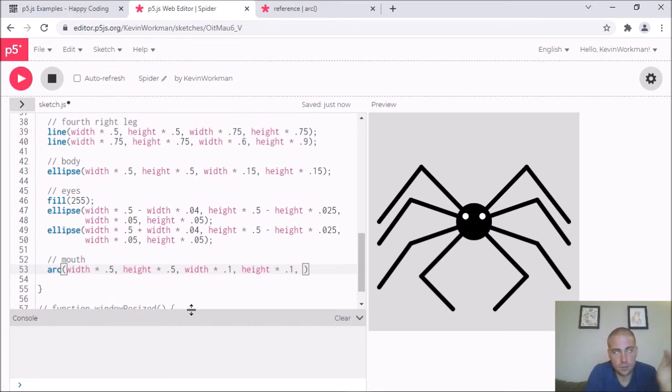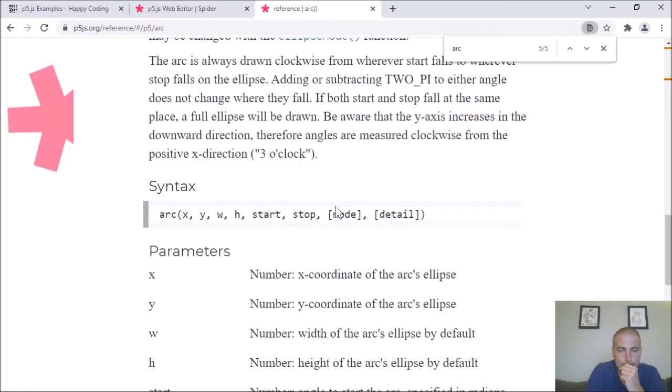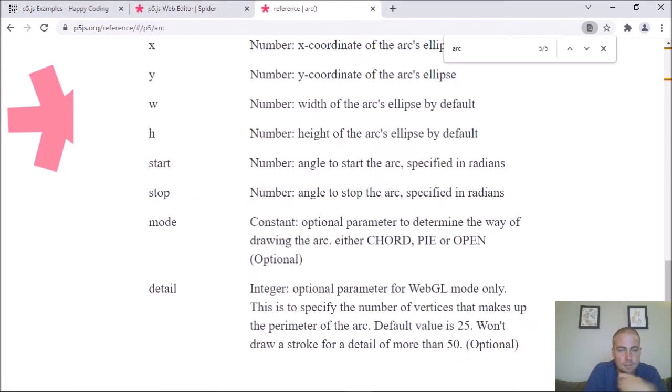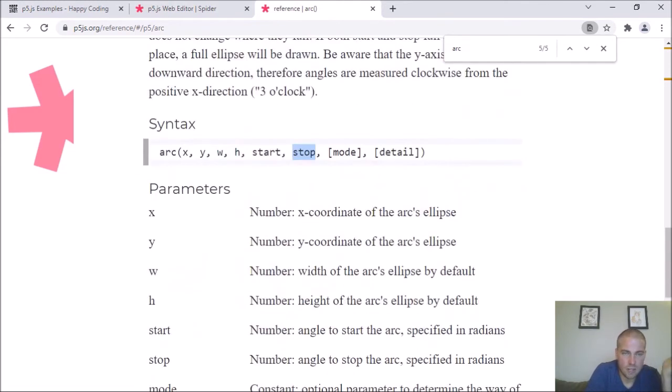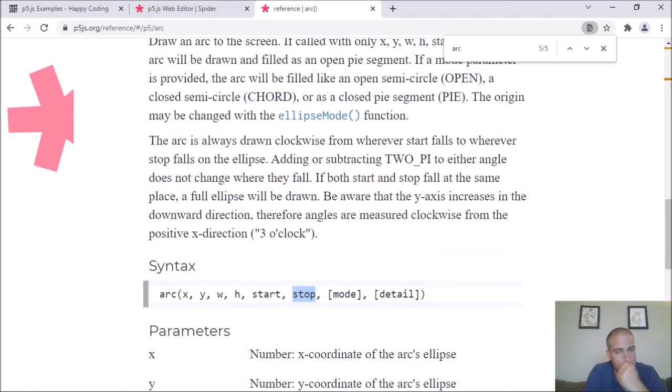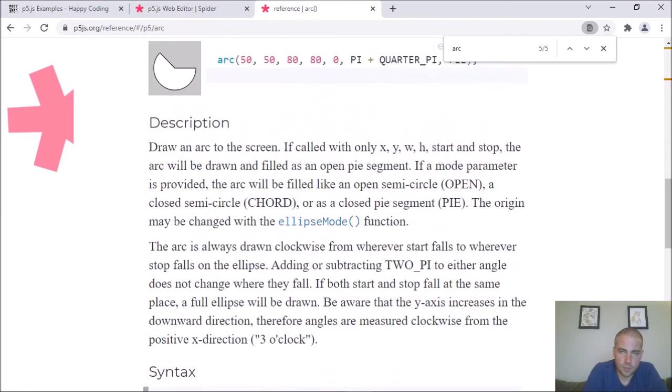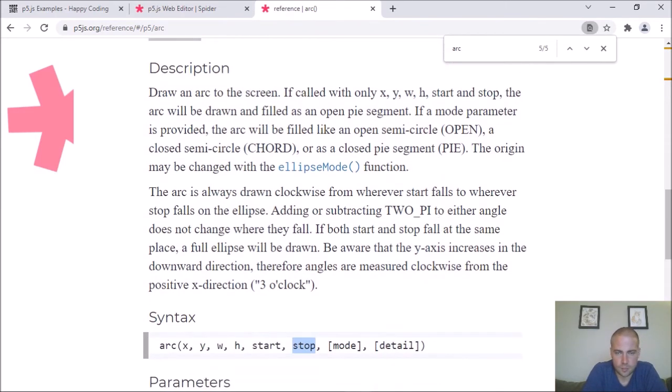I need the angle to start from, I think 0. I think 0 is all the way to the right. And then stop needs to be like 180 degrees, but it needs to be in radians, which again, that's where it's weird. And you can read more about this if you're not familiar, but here's what I'm kind of talking about.